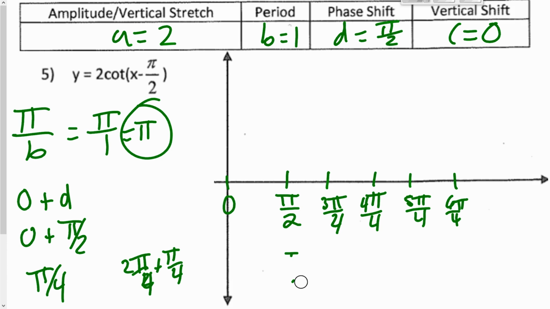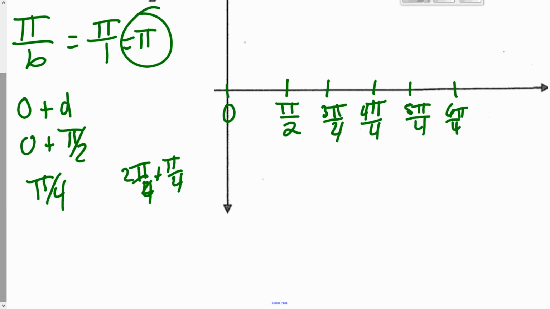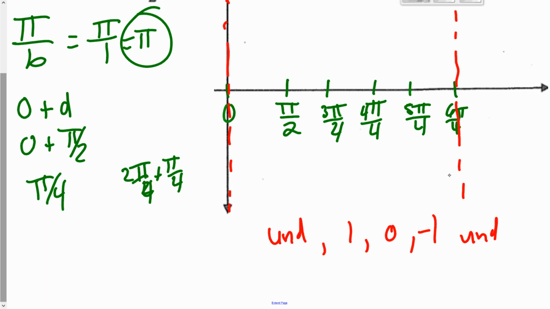Okay. Then cotangent, this is how the y values of cotangent, again, go from undefined to undefined. But it goes 1, 0, negative 1. Okay, so it goes from undefined to undefined. Then it goes from 1, starts at 1.